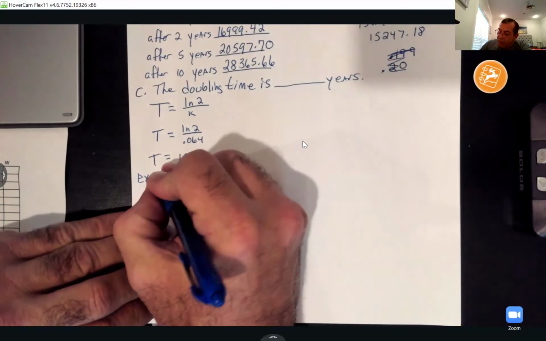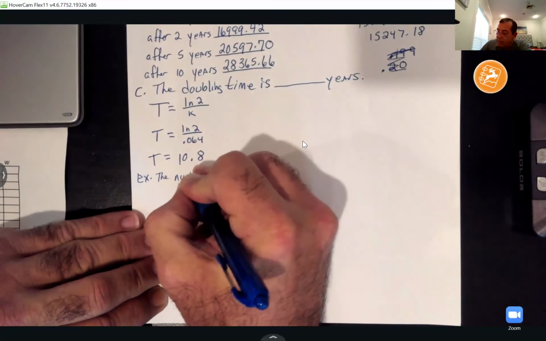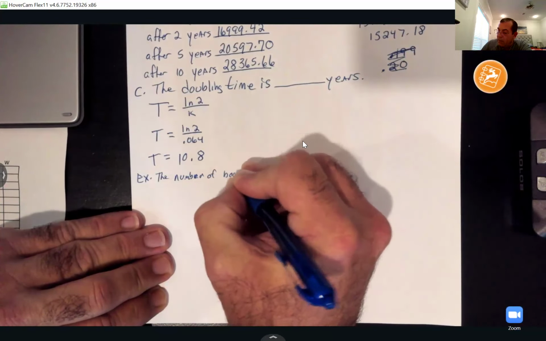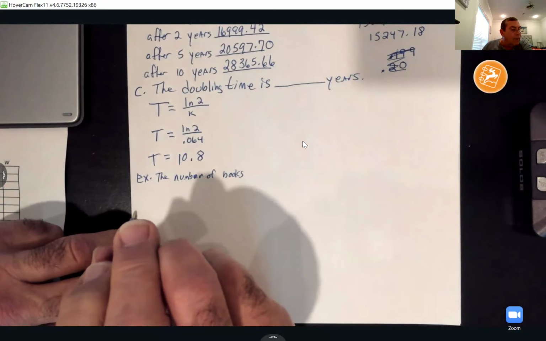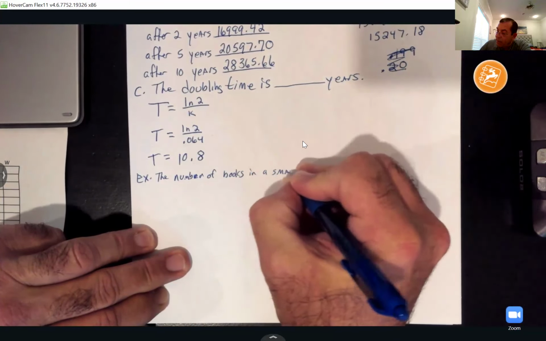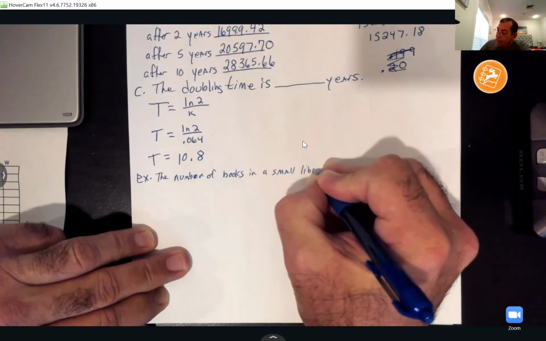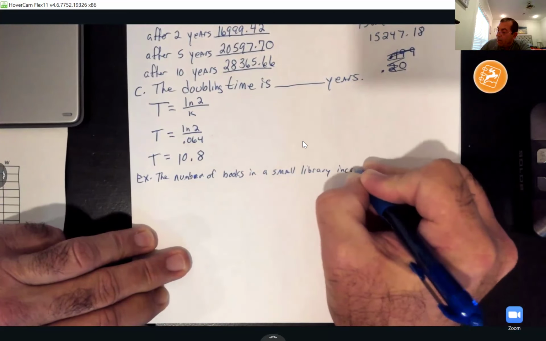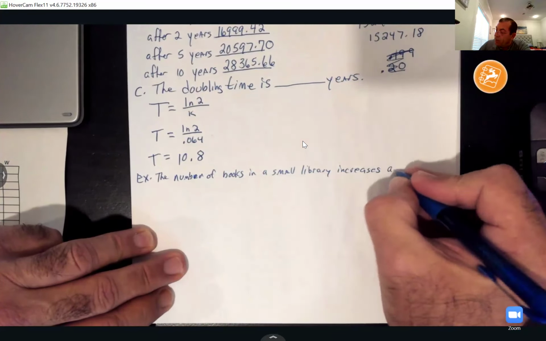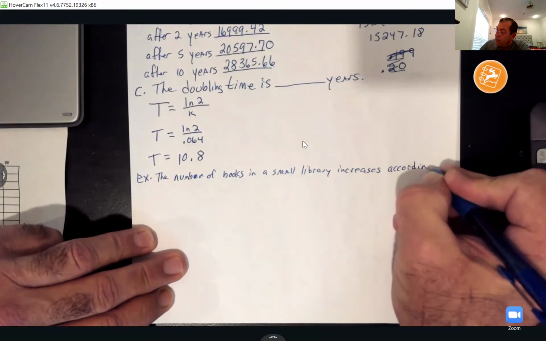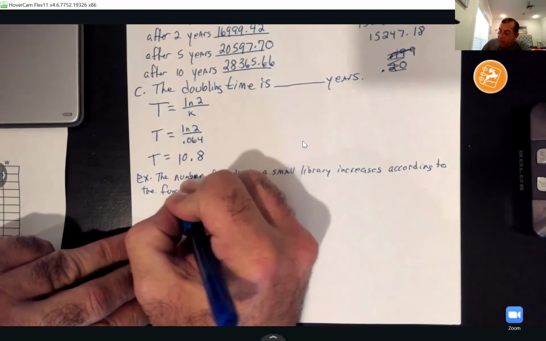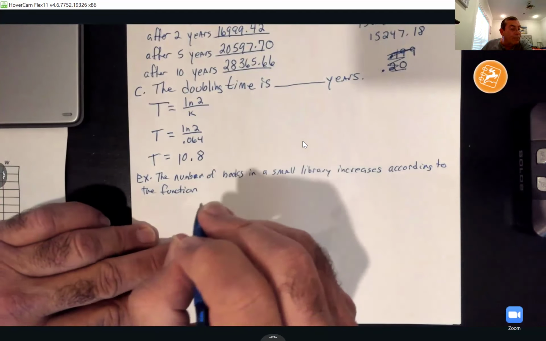So this says the number of books in a small library increases according to the function, so they're giving us the formula.